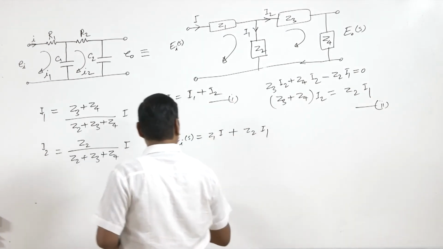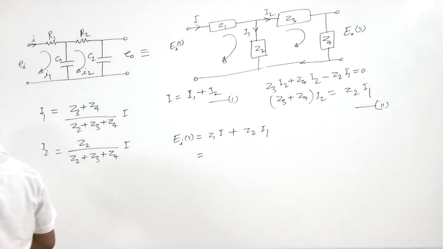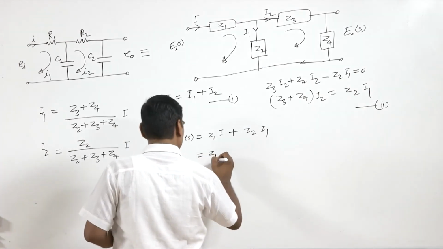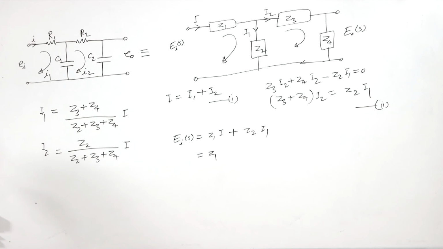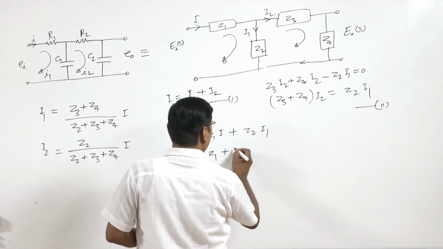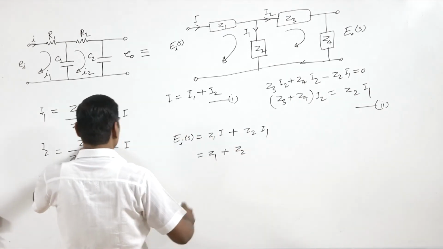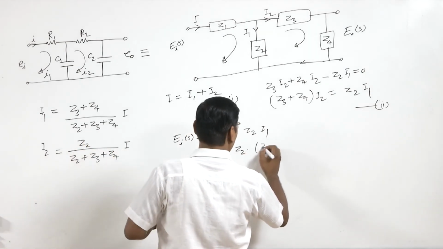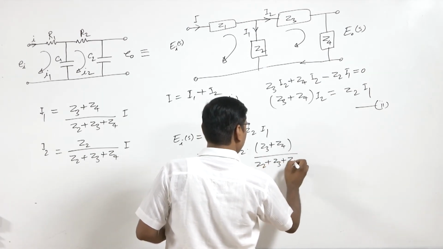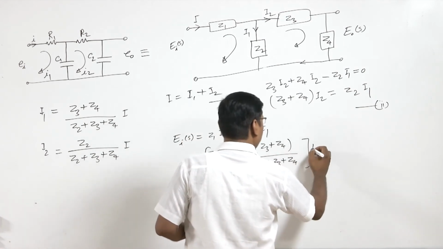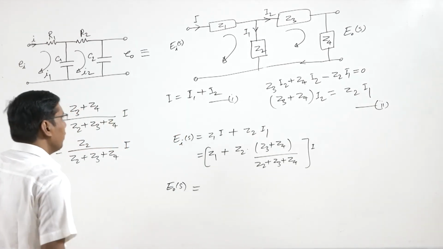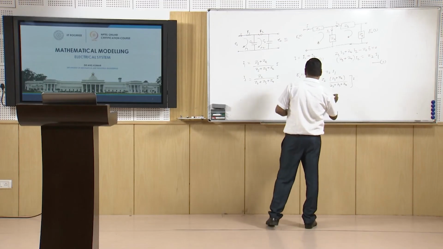Now we can put here Z1 plus Z2, with I1 represented in terms of I, so (Z3 plus Z4) upon (Z2 plus Z3 plus Z4) into I. And EOS equal to Z4 into I2.